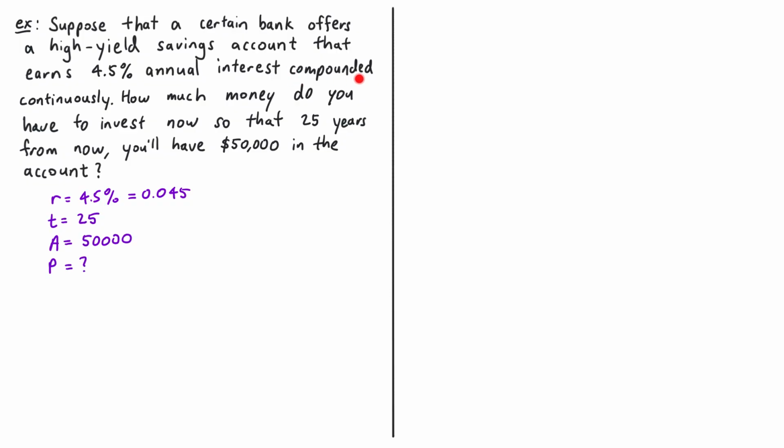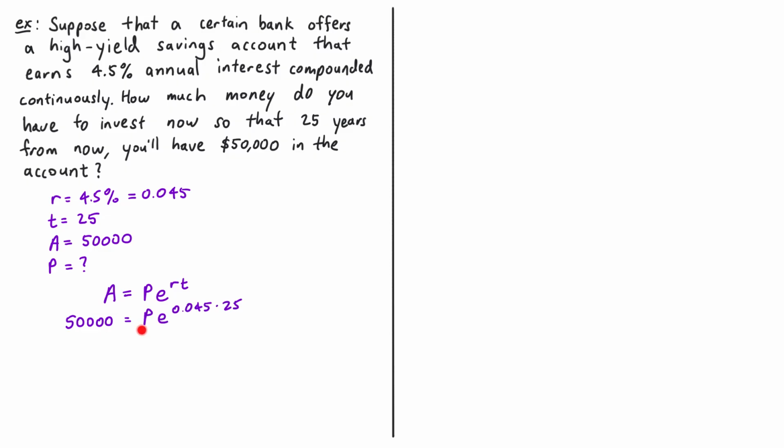Since interest is compounded continuously in this problem, we're going to use our new compound interest formula, A equals P times e to the power of RT. Plugging in our values, we have 50,000 equals P times e to the 0.045 times 25.